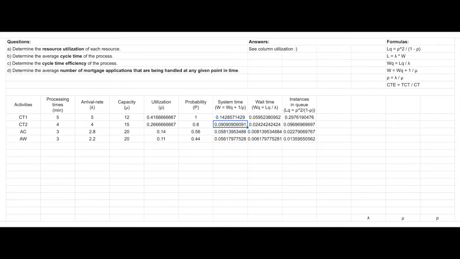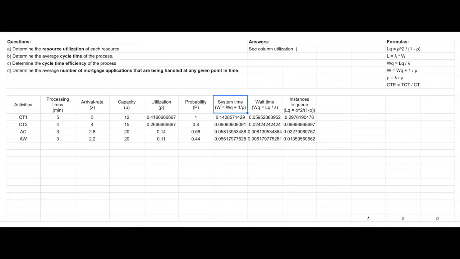What we now have is the system time for each of the activities. This is exactly the time it takes for a case to go through an activity. We can use that time to determine the average cycle time of the whole process.